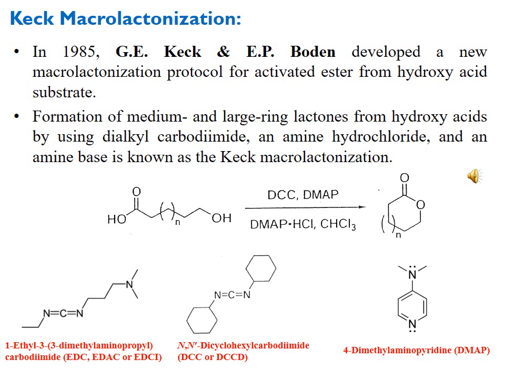In this case, dimethylaminopyridine is used as a simple base, and also its salt form with HCl is used in the reaction. Here you can see also the structures of these moieties, that is DCC. In place of DCC we can use EDCI also.